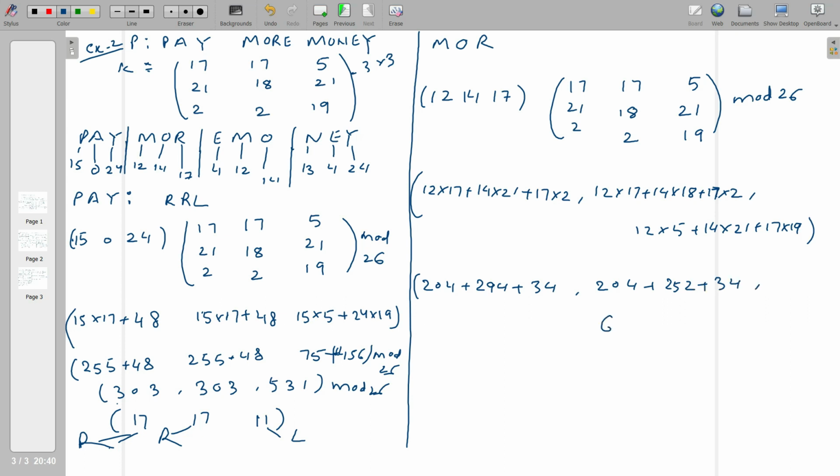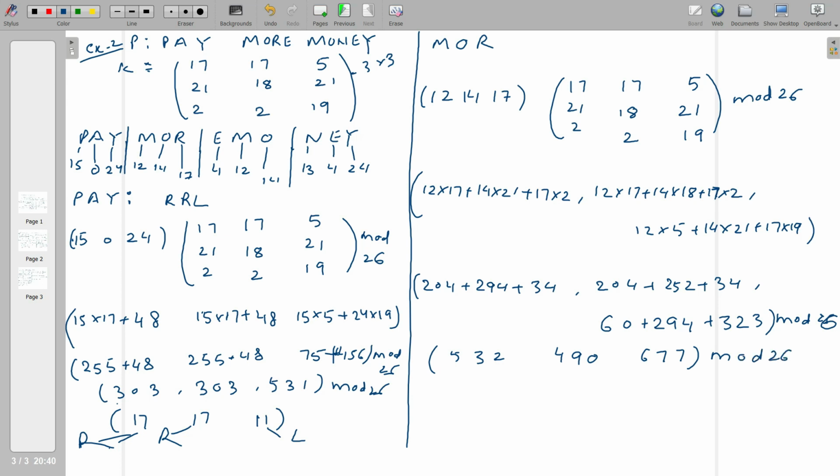Now 12 into 5 is 60 plus 14 into 21, which comes out to be 294, and the last one is 17 into 19, which is 323, and it is mod 26 operation. So when we add all these things, this is going to be 532, this is going to be 490, and this is going to be 677, and it is a mod 26 operation.